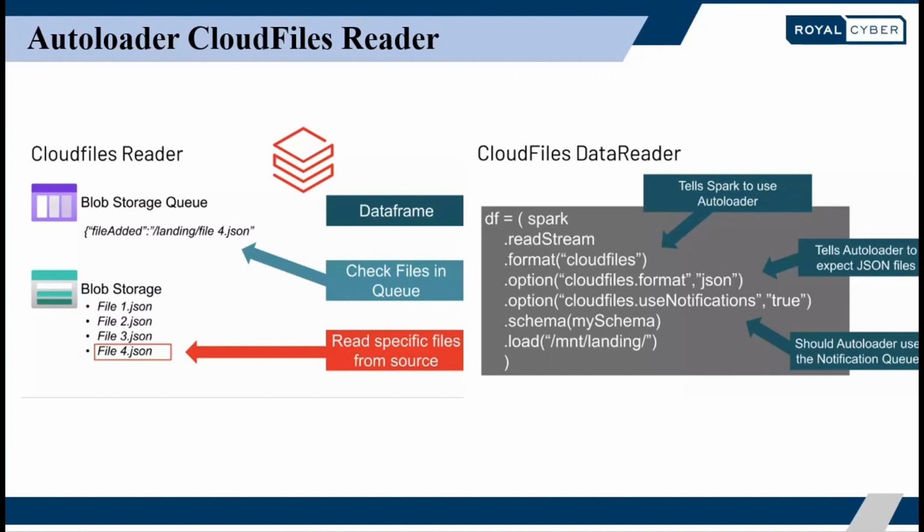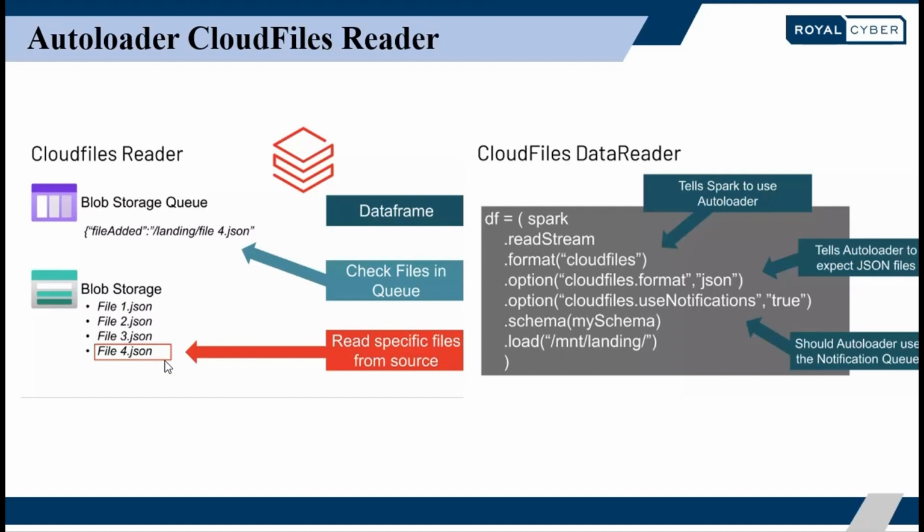Autoloader cloud files reader. As we know already, Autoloader supports all types of files, that can be JSON, CSV, Parquet files. It can be read through Autoloader. So here are our cloud files that are present in our blob storage, and we have an example with a JSON file.